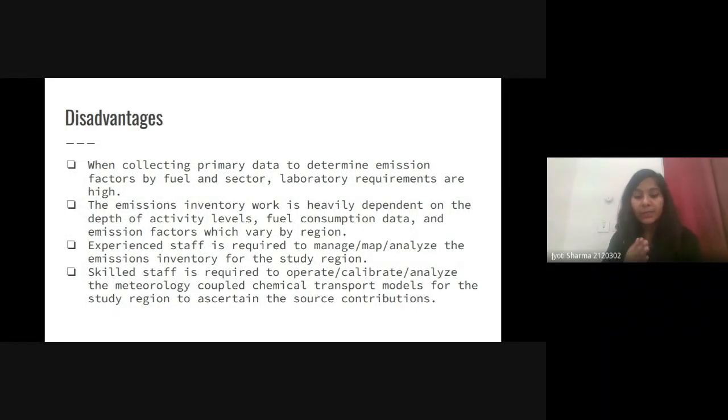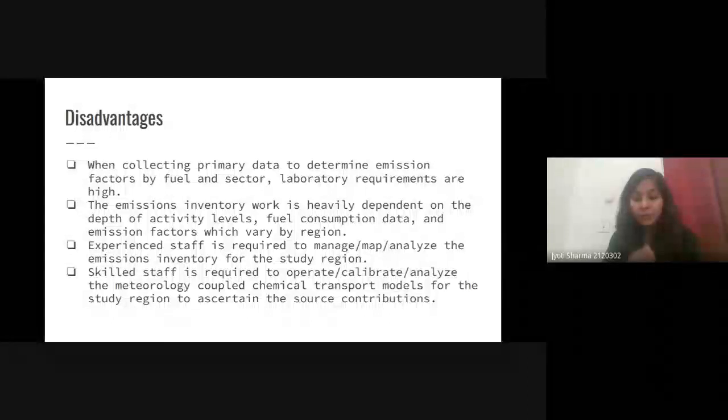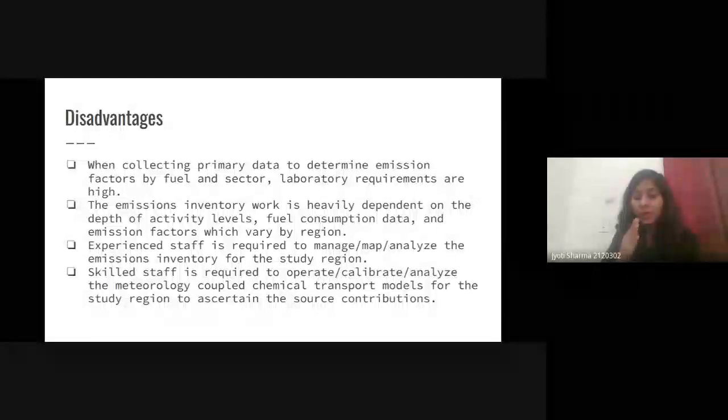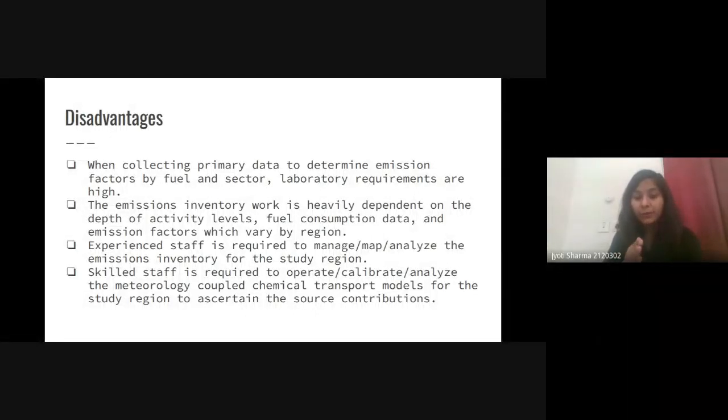For each company, for each activity, you will calculate how much of different pollutants it is releasing. If you want to calculate it for, let's say, 100 kg of the fuel you are burning, then how much pollutant it will release. So you will calculate the emission factor as well.